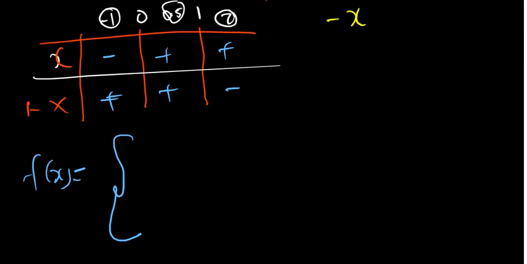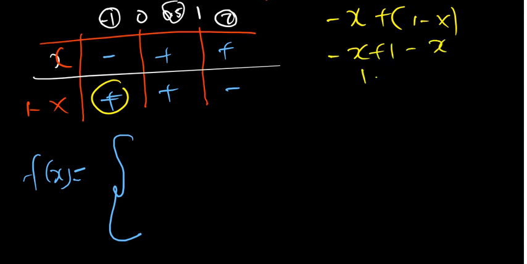Also this positive times everything here is going to give me what? A positive. So I'm going to have plus open brackets 1 minus x. So to solve this, it's going to be x plus 1 minus x, 1 minus 2x. This is going to be the first equation.